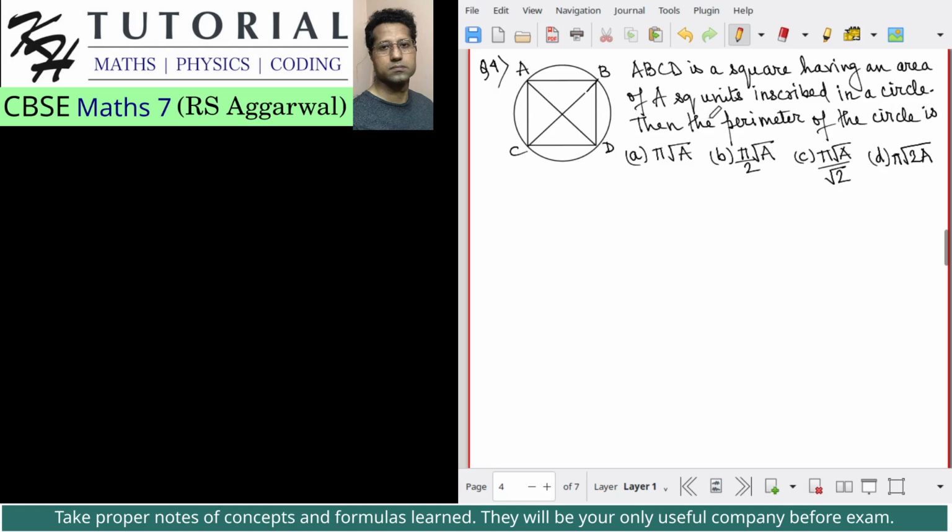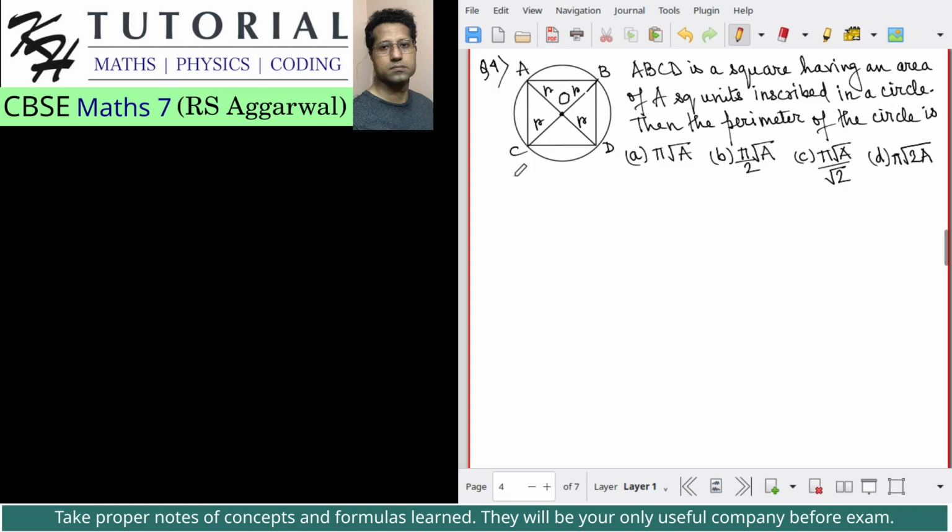Or in other words, the diagonals AD and BC, if they are intersecting at the point O, O will also be the center of the circle. And OC, OD, OB, AO will be the radius of the circle.